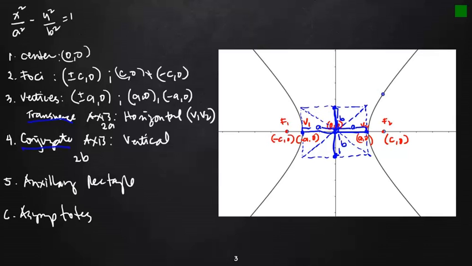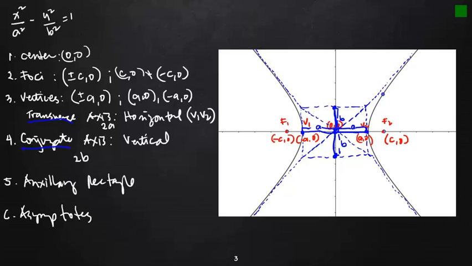When we extend these diagonals, they become asymptotes of our hyperbola, where the branches will get closer and closer, but will never touch as they extend to infinity. And these asymptotes will aid us in graphing our hyperbola.